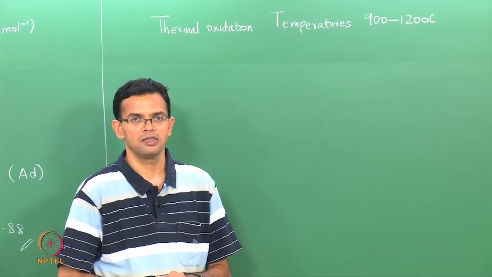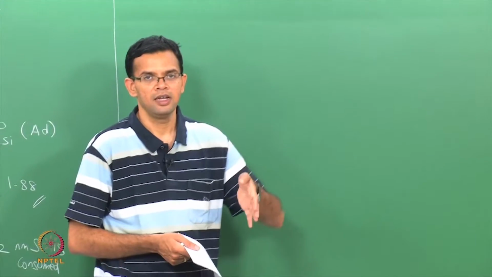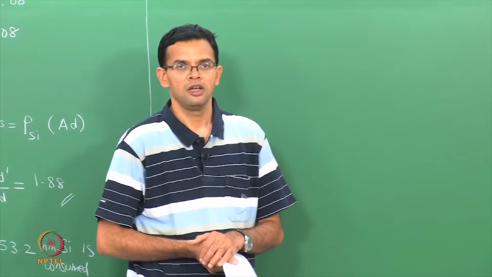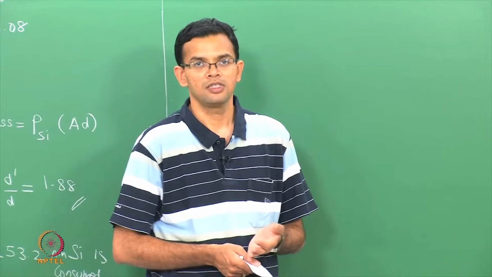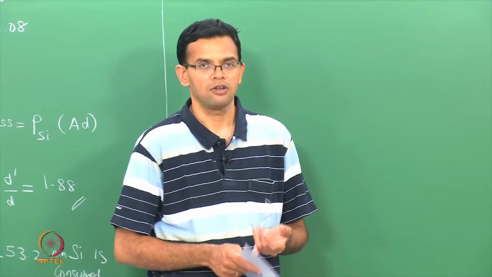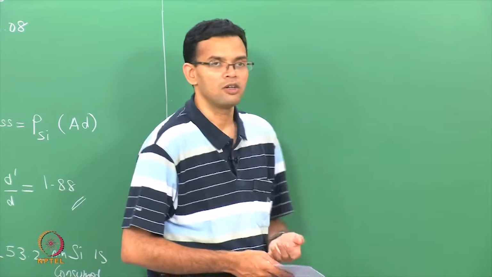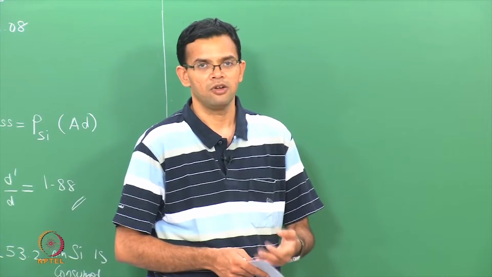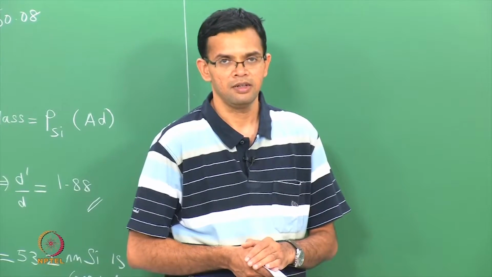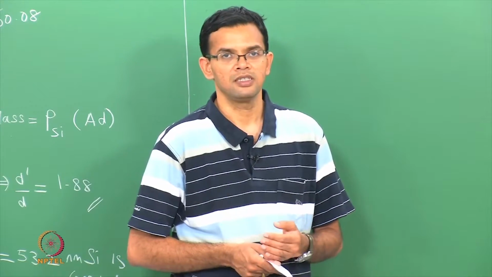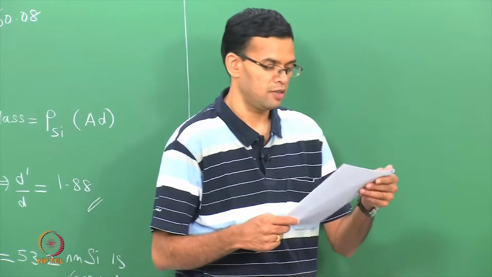In both cases, a silicon dioxide layer is formed on the surface. So, for any further oxidation, the oxidizing species, whether it is oxygen in the case of dry ox or steam in the case of wet ox, has to diffuse through the silicon dioxide layer, reach the silicon interface in order to form a further oxide.